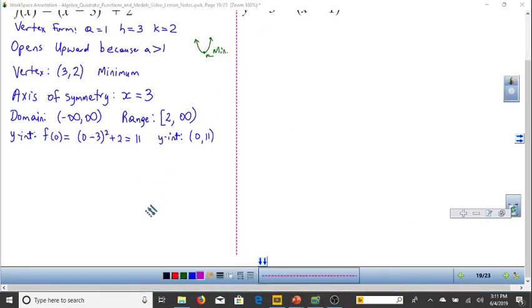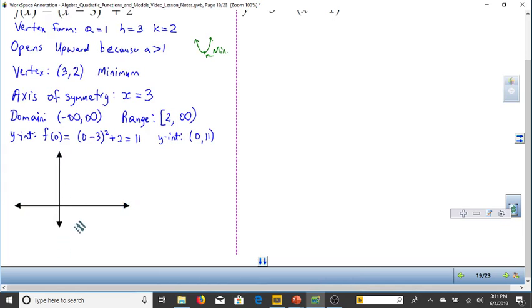Let's do a little quick sketch and see what that would look like. So first of all, I'm going to draw my axes. It's not going to be drawn to scale, but a general rough sketch. That's my vertex.